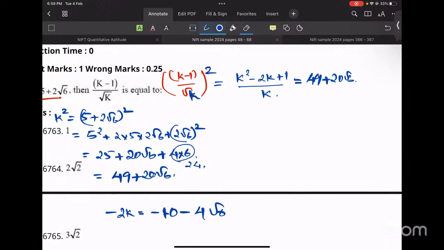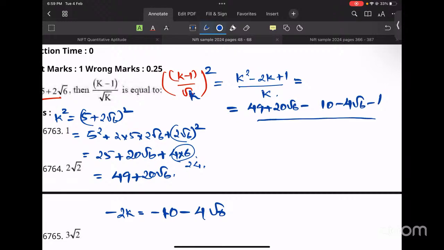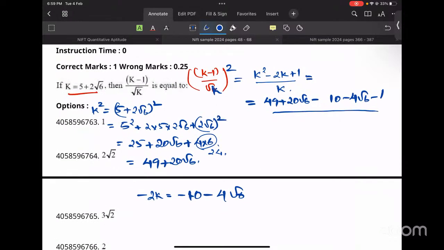So I'm writing it in the next step: 49 plus 20 root 6 minus 10 minus 4 root 6 minus 1, divided by k. What is the value of k? 5 plus 2 root 6.